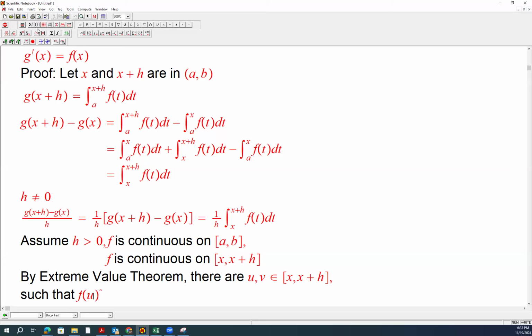So f of u is the absolute minimum, and f of v is the absolute maximum on this interval.